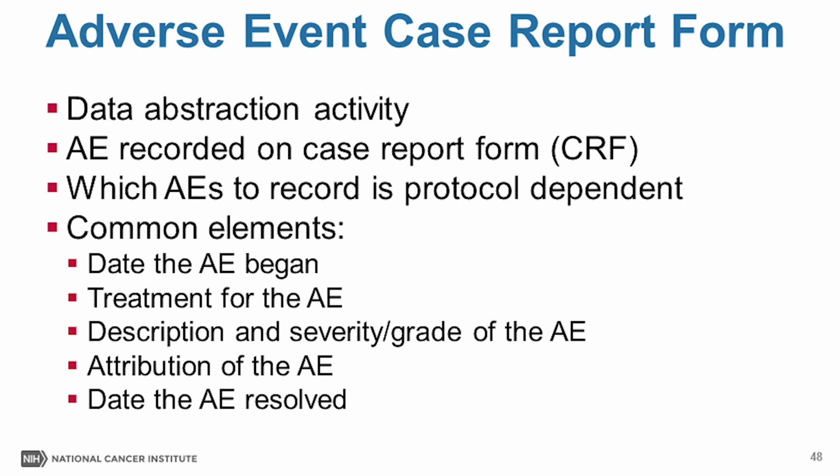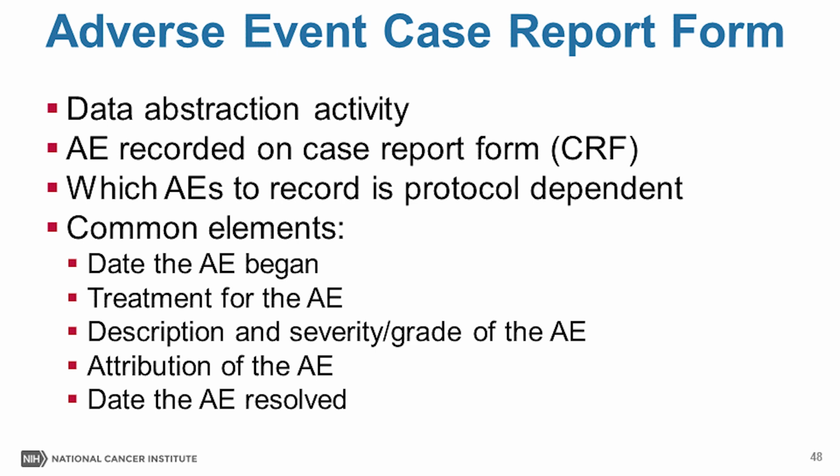Others may only want grade 2 through 5 adverse events recorded, but the protocol should clearly outline what types of adverse events that have been documented need to be recorded on a case report form and used for further data analysis.